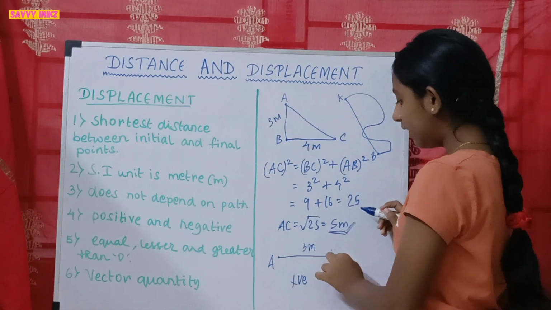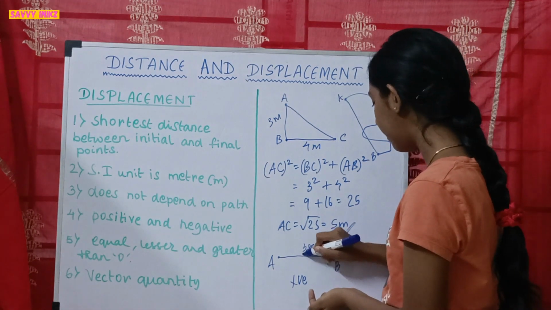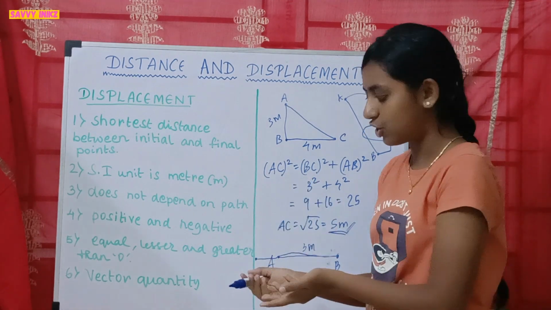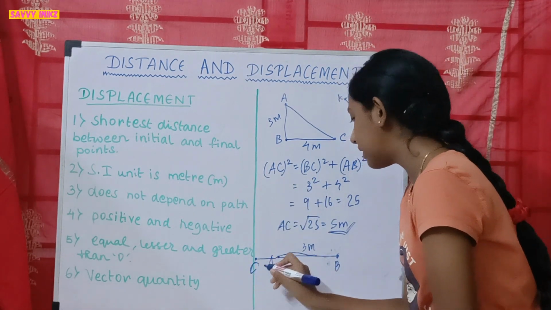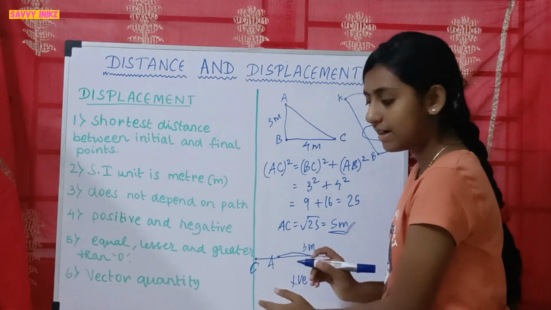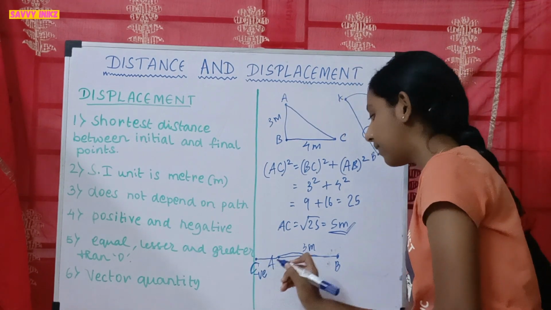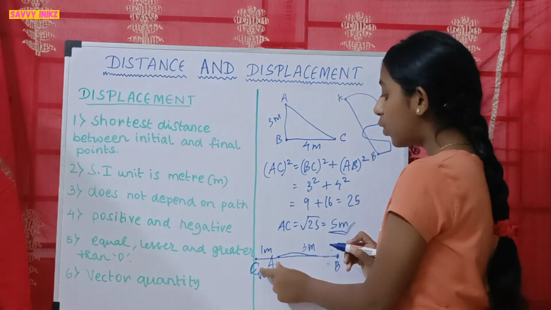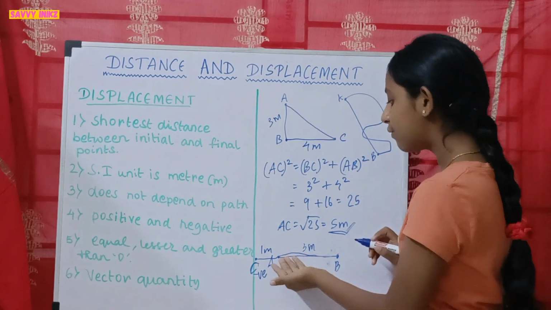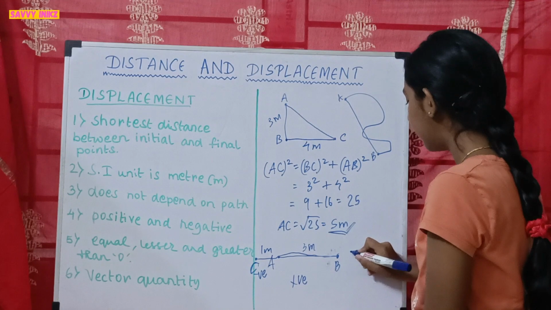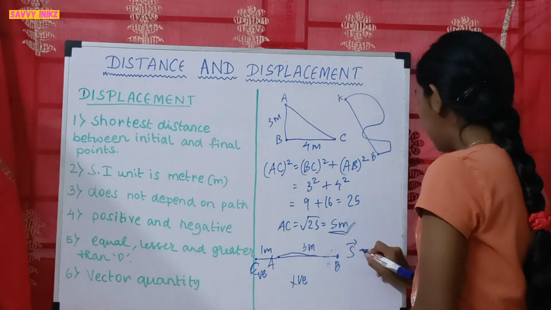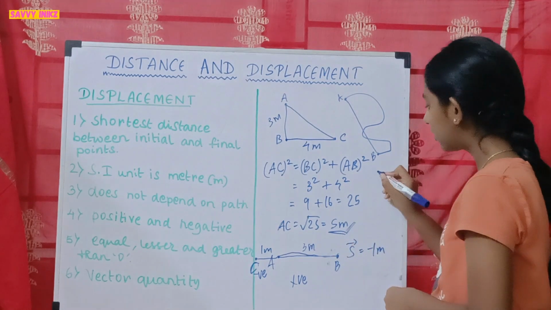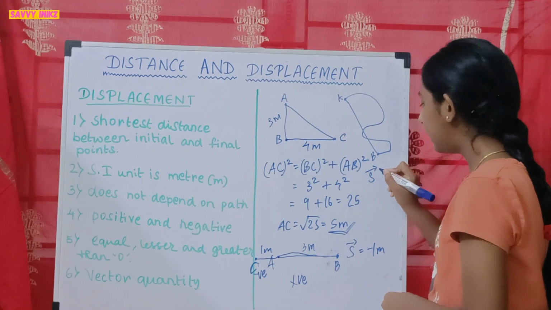Now the body from B is going back to A and going beyond A in the backward direction, and reaches point C. Now this A to C, we can consider as a negative direction. So we'll take 1 meter distance it covers from A to C. That means it moved in a negative direction. From here it's positive, from here it's negative. So this time the displacement will be minus 1 meter.